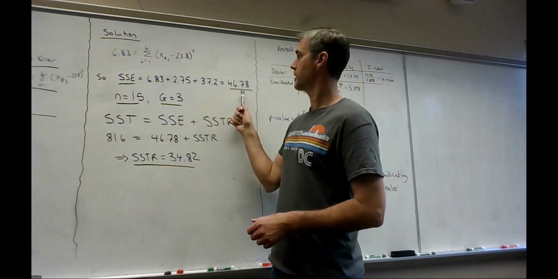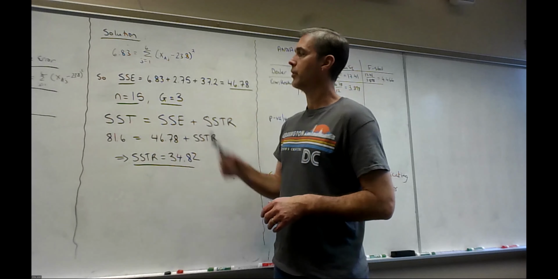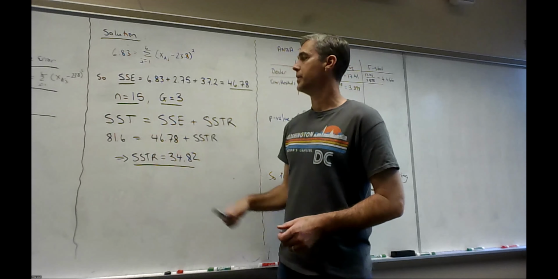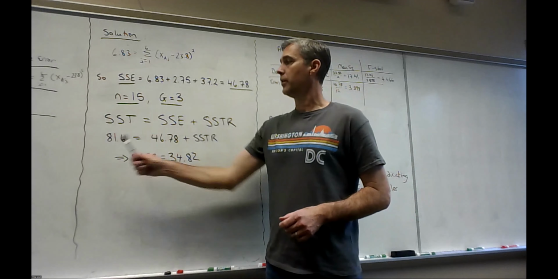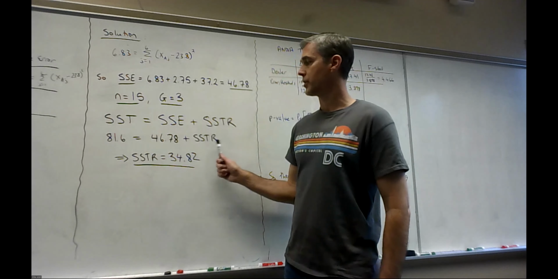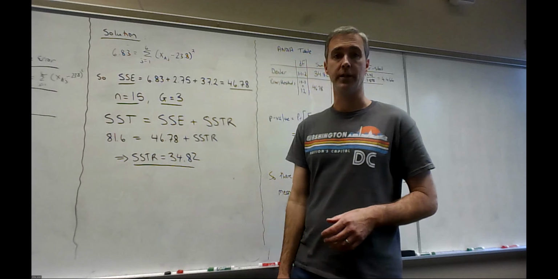So there's SSE. I know there's 15 cars sold. I know we've got 3 groups, 3 different dealers. I also know the total sum of squares is the error sum of squares plus the treatment sum of squares. I was told the total sum of squares, and the error sum of squares is just computed, so we can solve for the treatment sum of squares and get 34.82.